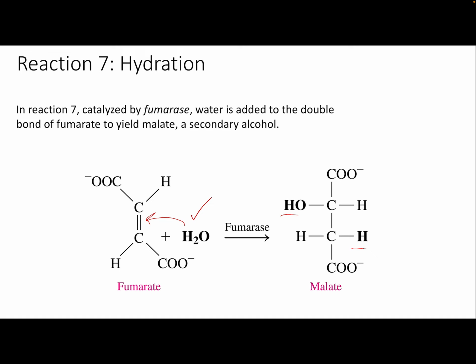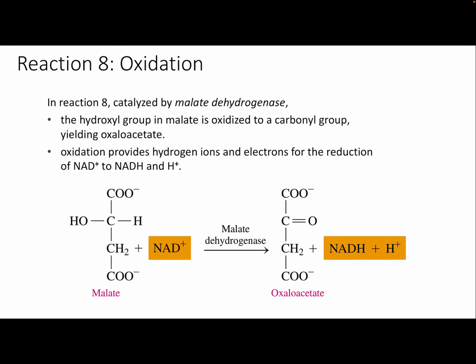So fumarate is turned into malate by the enzyme fumarase, and then finally in reaction 8, we're going to get malate to be oxidized into oxaloacetate. So fumarate into malate, malate into oxaloacetate. Now this regenerates oxaloacetate so that another round of acetyl-CoA can be added to it. We also get one more NADH.